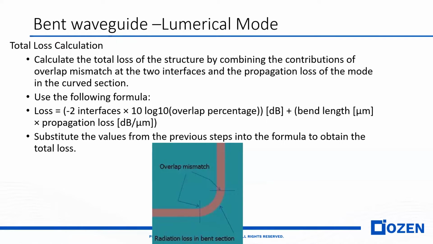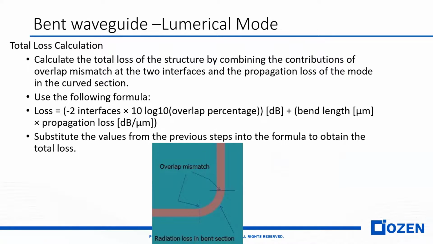So we can calculate it by the following formula, like -2 in interface, multiply 10 log. So we have the overlap percentage from the mode analysis, and we have a bend length, and we have a propagation loss. Then we can calculate the total loss.